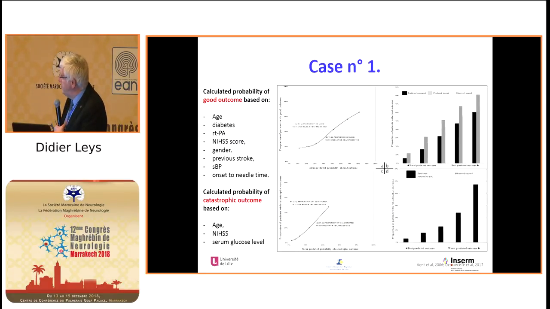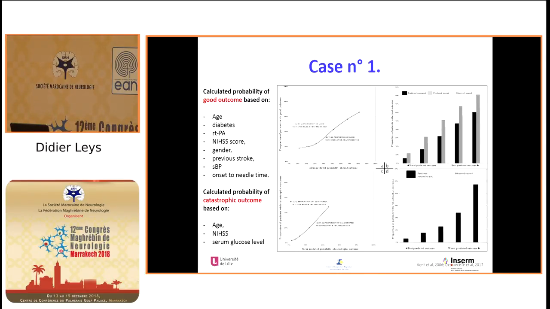But look here, this is interesting. For most, the results are worse than expected, except for the most severe cases. And the difference in this study is that we performed this analysis after we started with thrombectomy.